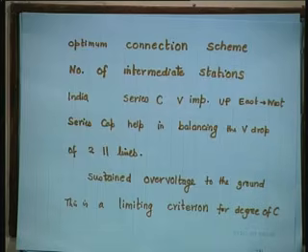Optimum connection scheme: people have done master's projects and PhD projects on compensation to come to a conclusion on an ideal scheme. Number of intermediate stations, and of course cost is always a factor in life, whatever we do.